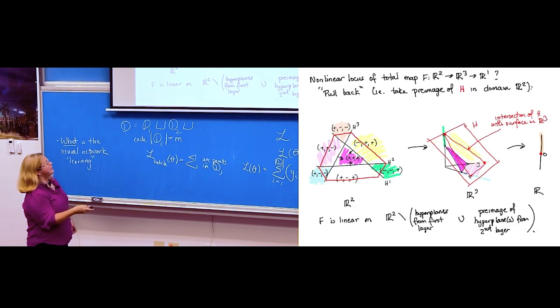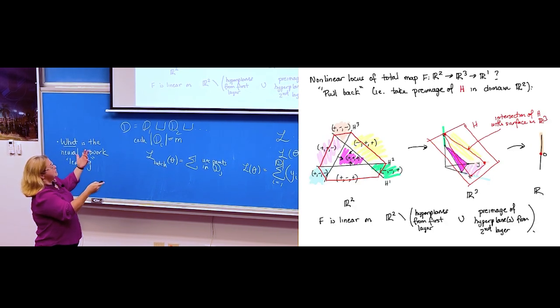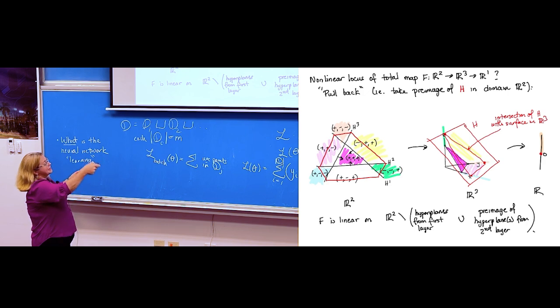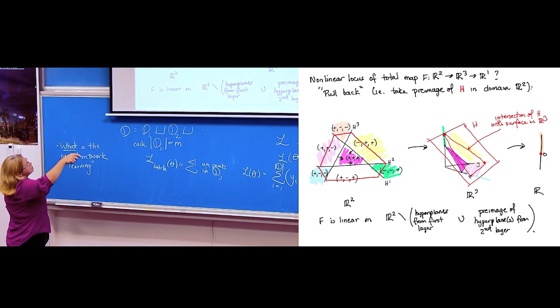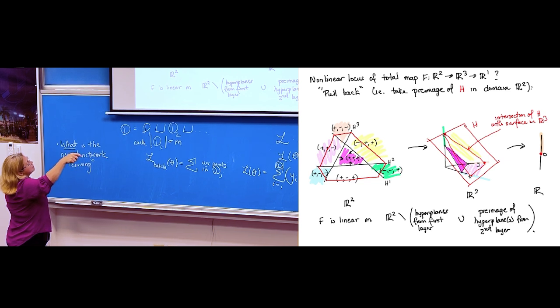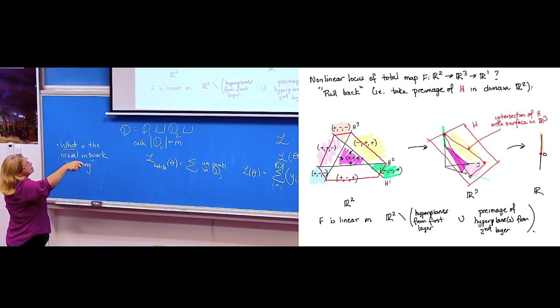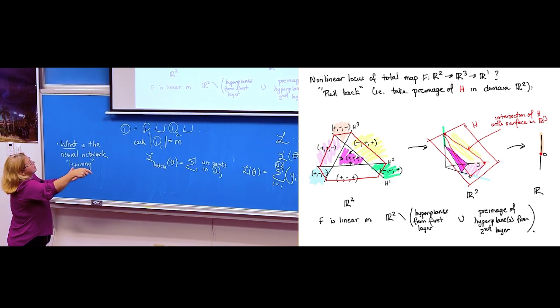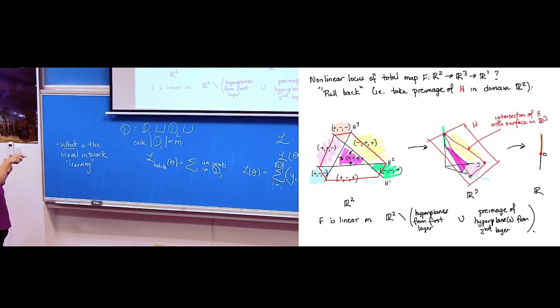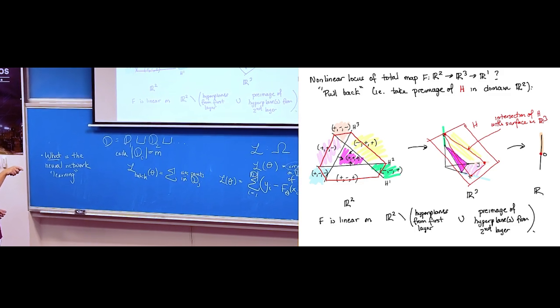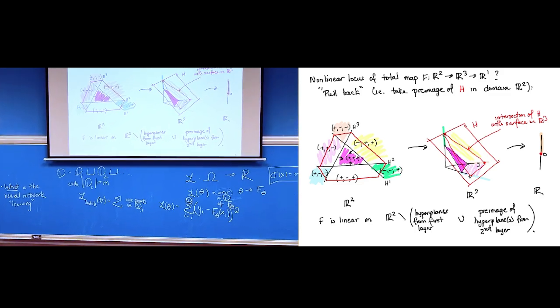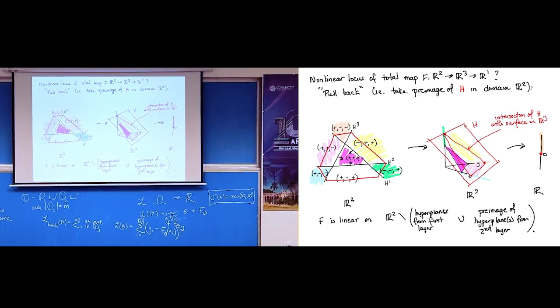Okay, now, where is the whole thing linear? It was linear off our original hyperplanes, but now if we look at the intersection of this hyperplane with the image, and then we pull it back to the original domain, you can see this triangle shape here is meant to be the intersection. When you pull it back, its pre-image is this shape.